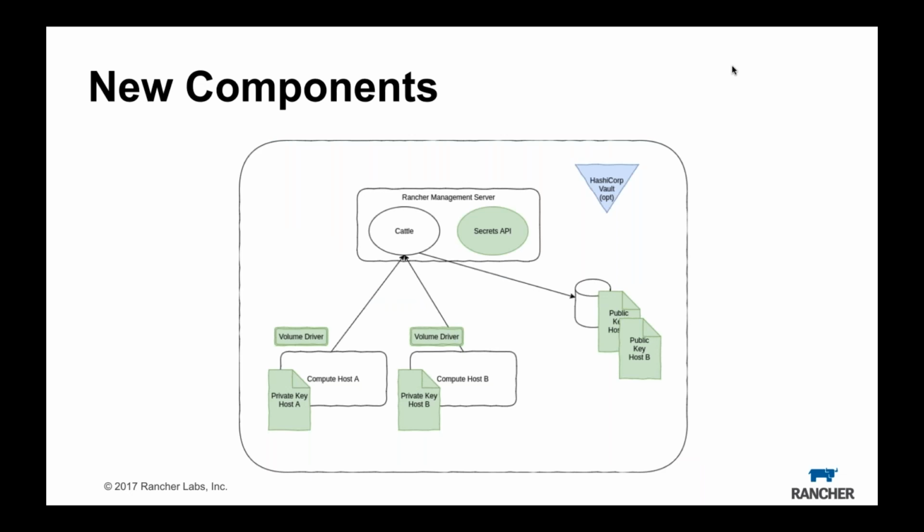So, the new components that came with 1.4 that make secrets all work: there's a new secrets API on the management control plane. There's a new volume driver, and during the registration process, hosts now create an RSA key pair, and the public keys get sent up to Cattle and stored in the database for use during transferring secrets down to the host.